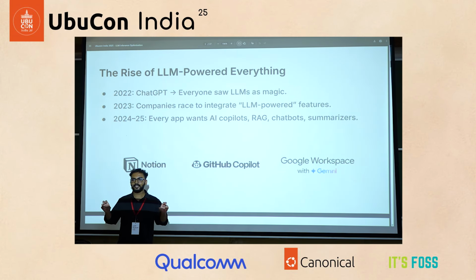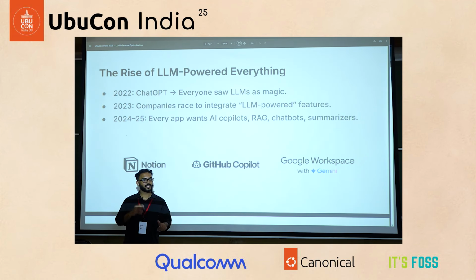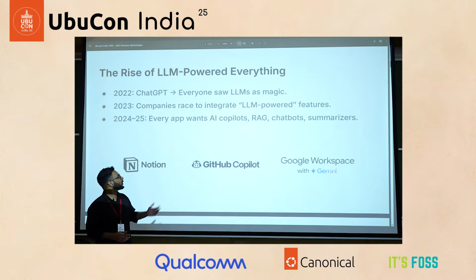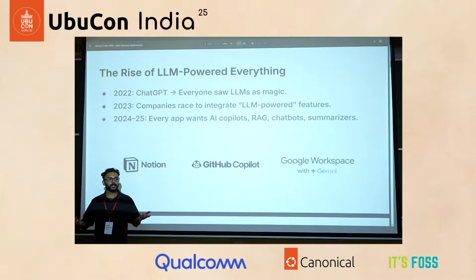Everyone has a RAG agent. Do you know what RAG means? It's retrieval augmented generation, and they also use LLMs. You have chatbots which are far more efficient than those of the past. And obviously now everyone wants AI agents, which is the hot topic. For all these things, what you need is an LLM, right?